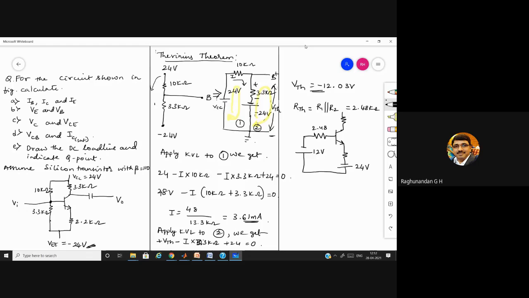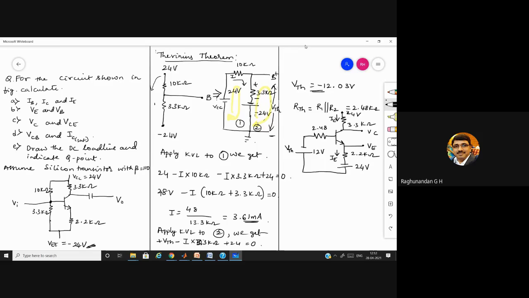2.48, and this is 24 volt, and this is 3.3 kilo ohm. So here we'll get VC, here we'll get VE, and this is 2.2 kilo ohm. The current through this is IE, the current through this is IC, and this is our VTH.